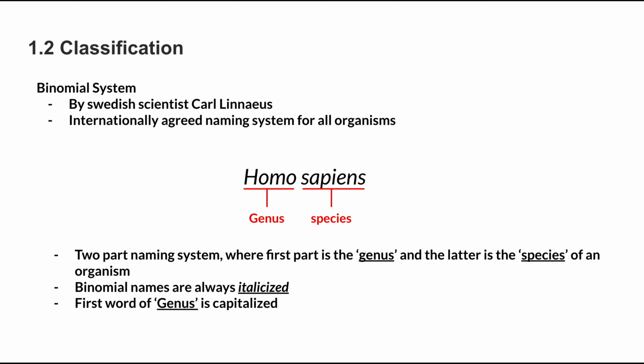Binomial names are always italicized, and the first letter of the genus is capitalized. There could be a question asking, describe how binomial nomenclature works, and you can write that they are italicized, the first part is genus, and the first letter of genus is capitalized. You can even give an example like Homo sapiens, which is human.